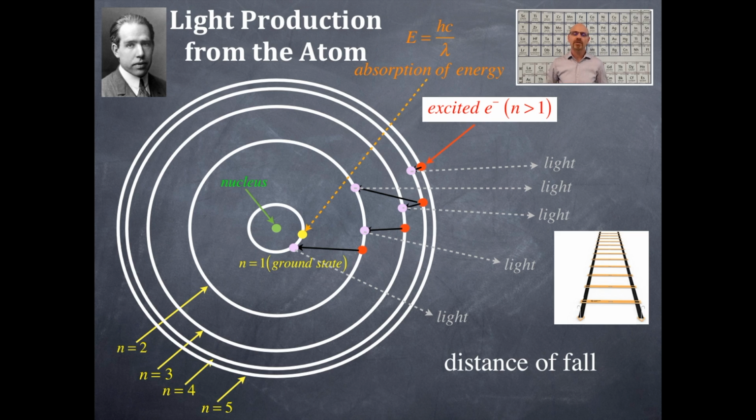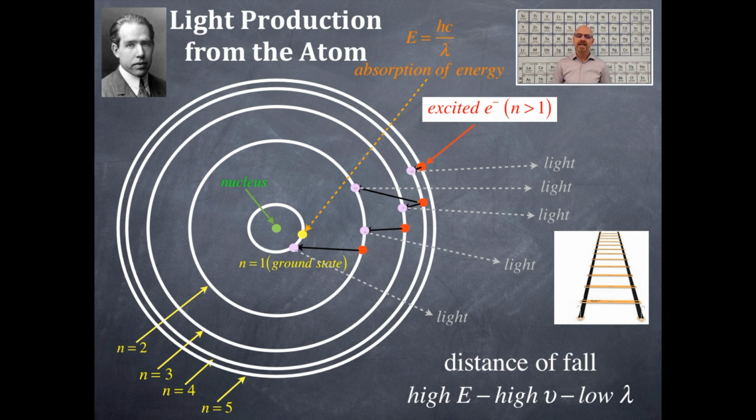So even if you fall from n equals 5 to n equals 4 and compare that to the n equals 4 to n equals 3 fall, even if the difference of those numbers is the same, a difference of 1, 5 to 4 or 4 to 3, that will not emit the same energy of light or the wavelength of light because the rungs of the ladder are not equal distance. That's very important to understand.